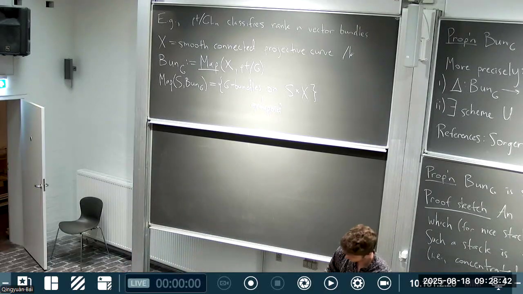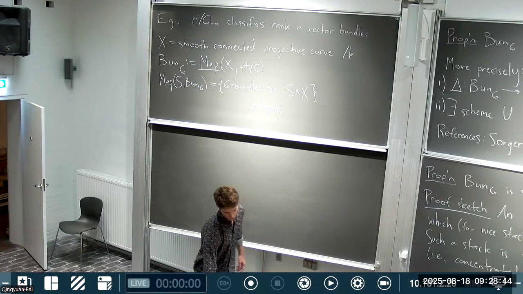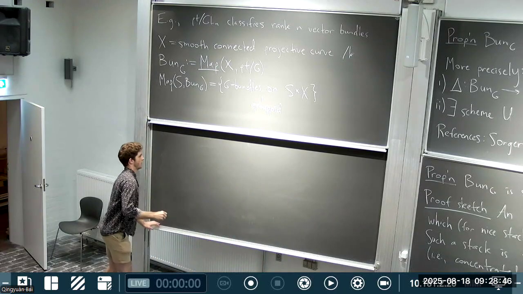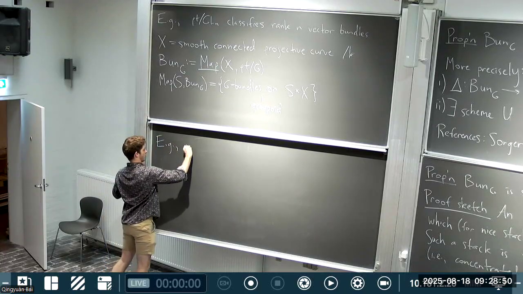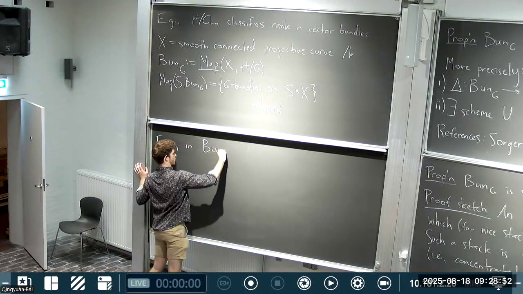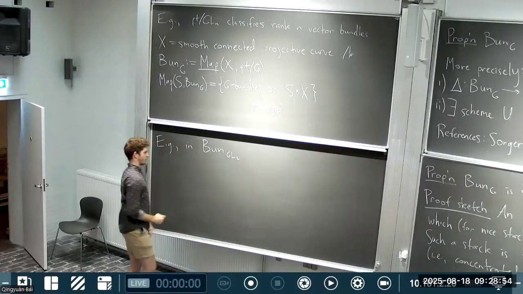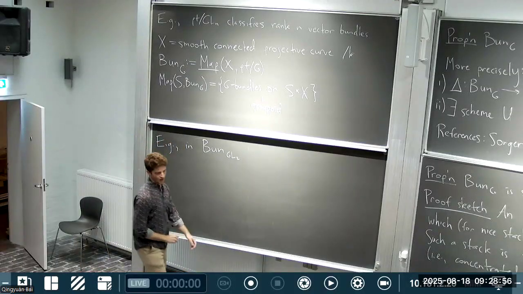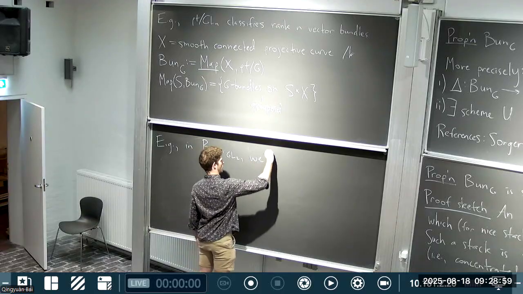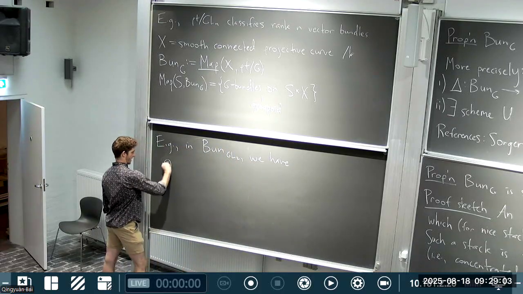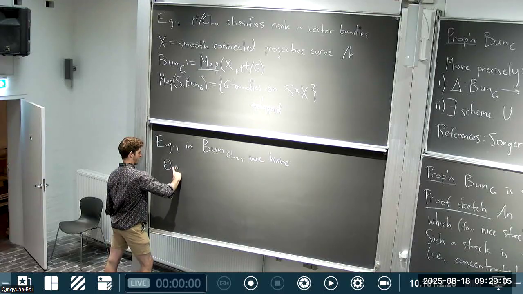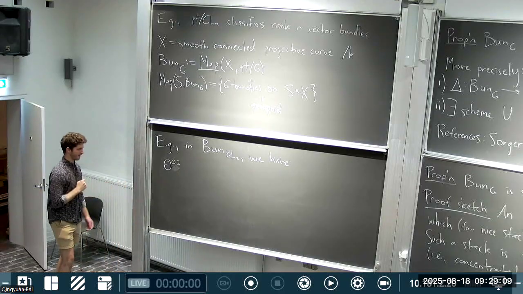So the reason for this is, let's say, for Bun GL2, so moduli of rank 2 vector bundles, we have the following picture. We can consider the trivial rank 2 vector bundle, okay?